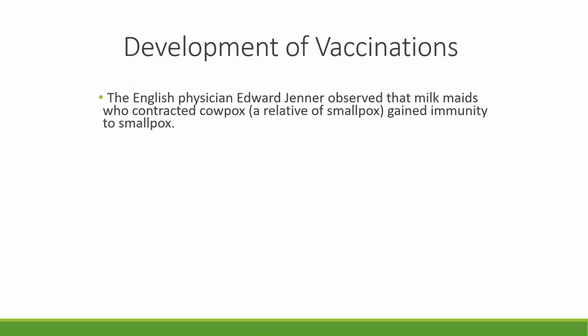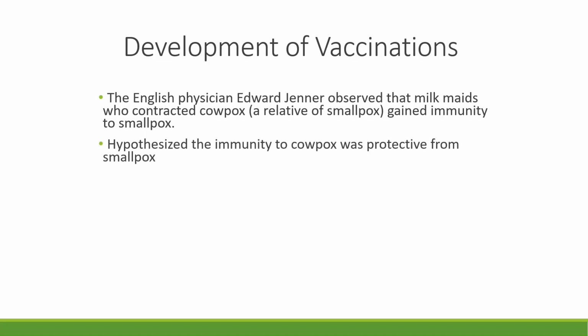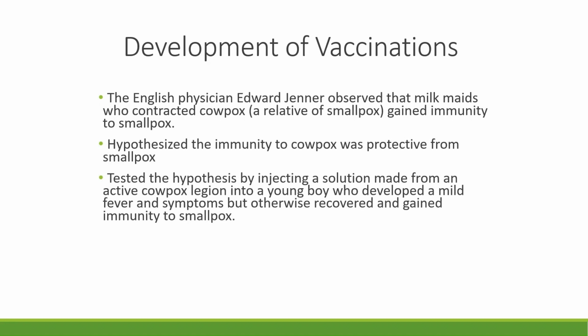The development of modern vaccination practices began with Edward Jenner, an English physician who observed that milkmaids who contracted a relative of smallpox called cowpox didn't get smallpox. He hypothesized that infection with cowpox provided a protective effect against smallpox. This would mean that there was some sort of cross reaction with the adaptive immune system. To test this, he injected material from an active cowpox lesion into a young boy.